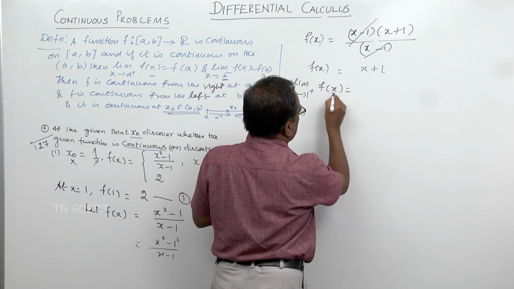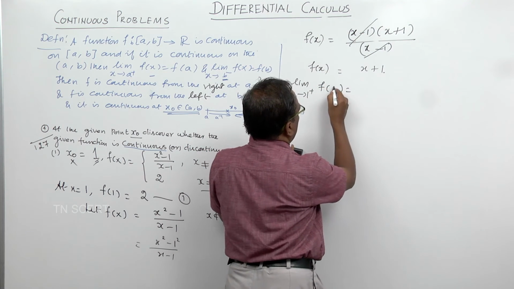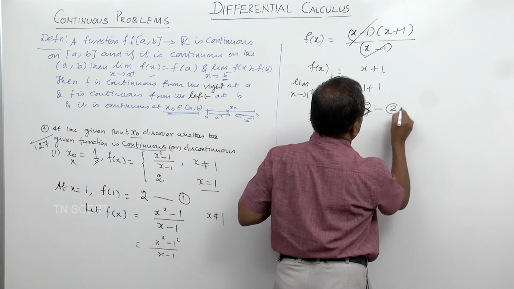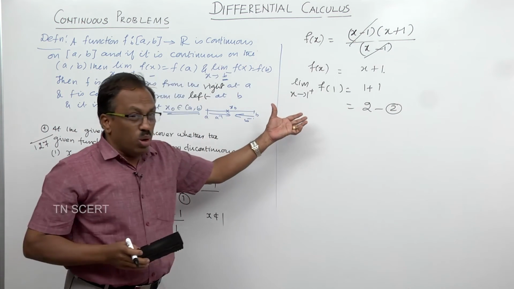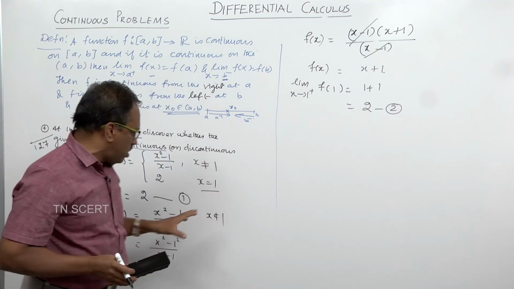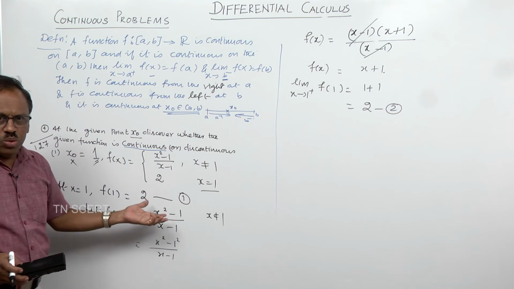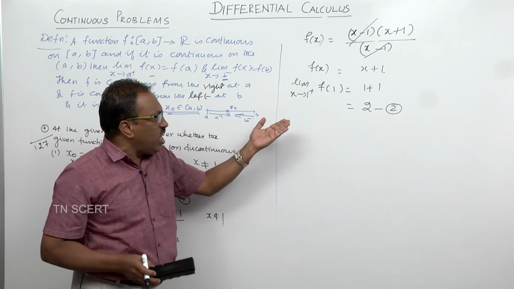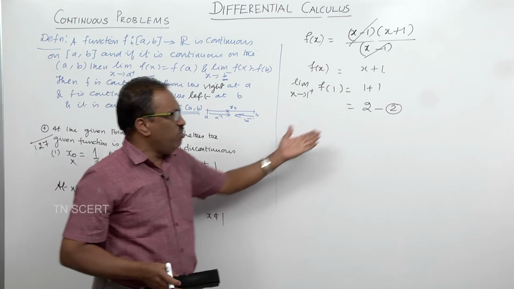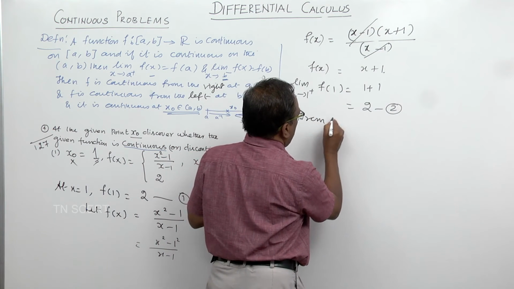So, in the place of x we are going to substitute 1, that is 1 plus 1, I am getting 2 here. This is the right limit at 1, and at x is equal to 1 it is 2, and we are checking whether for the function the other value is 2. We got 2. So, from 1 and 2 what do you understand?